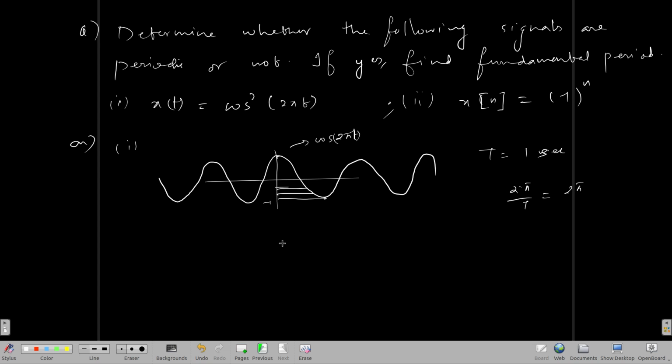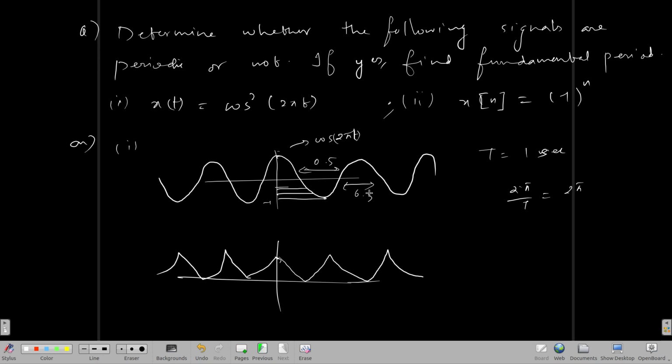So what is happening? The rate of change will be higher, it will be steeper curves, and it will be positive. Here what we can observe is that this much is 0.5 seconds, because 1 second was the time period.